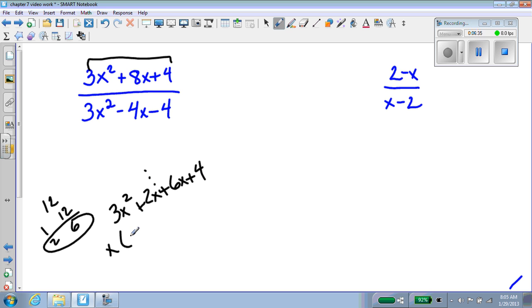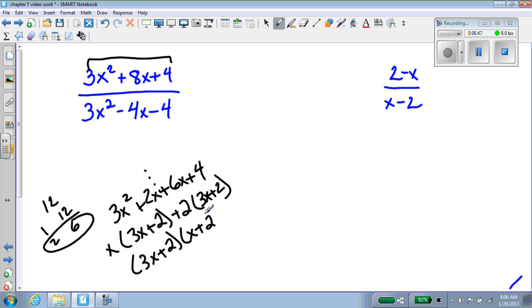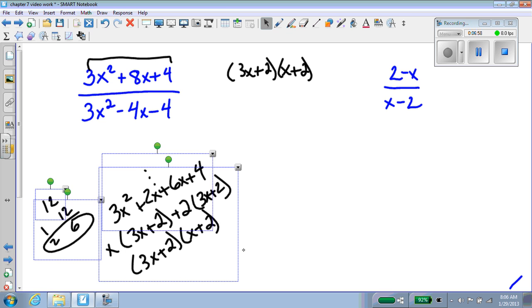We've got x times 3x plus 2 plus 2 times 3x plus 2. So then I've got 3x plus 2 times x plus 2. That's my numerator. So my numerator is 3x plus 2 with x plus 2. And I am going to get rid of my scrap work.